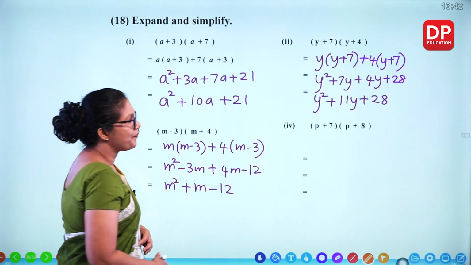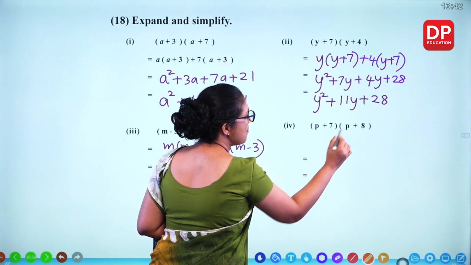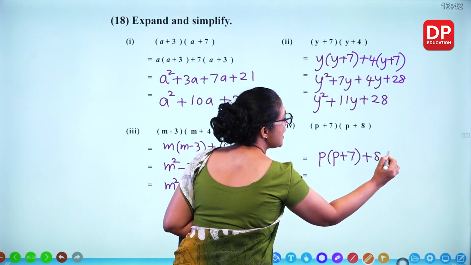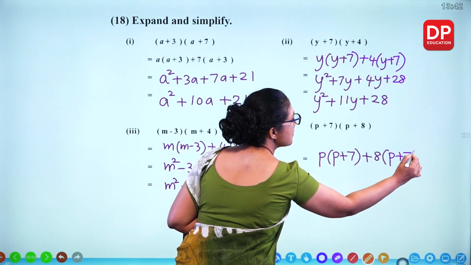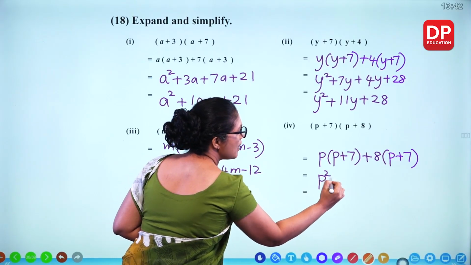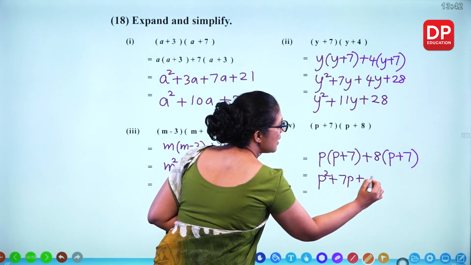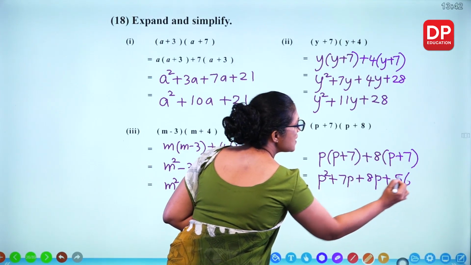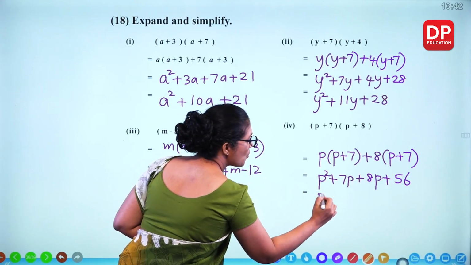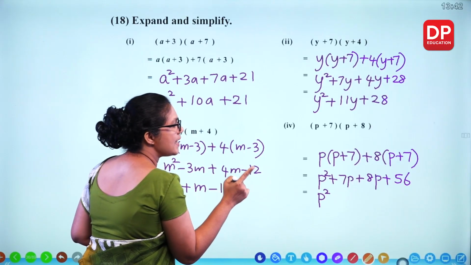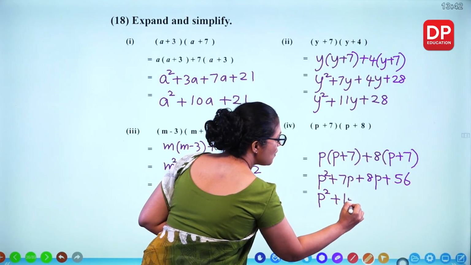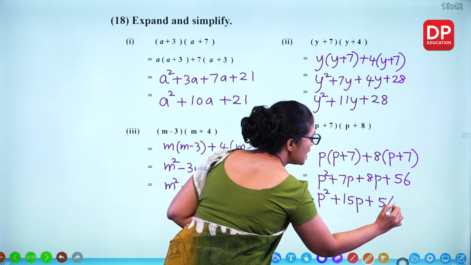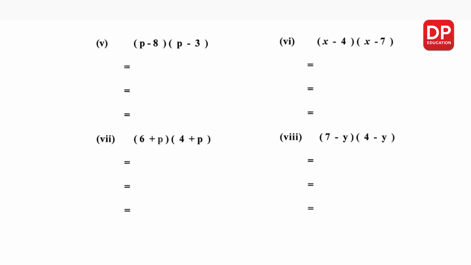What about this one? p plus 7 multiplied by p and plus 8 multiplied by p plus 7. You get p squared plus 7p, 8p plus 56. p squared, 7p and 8p, 15p plus 56. Look at this one.